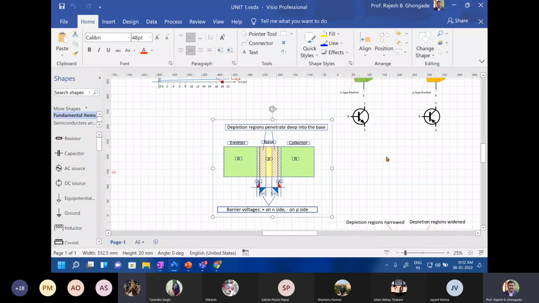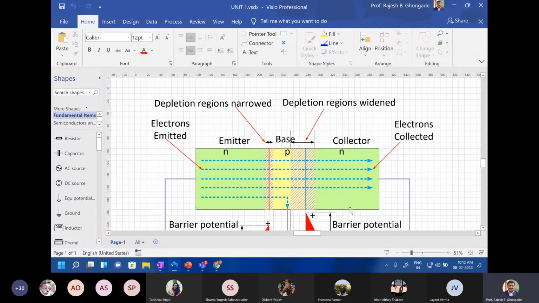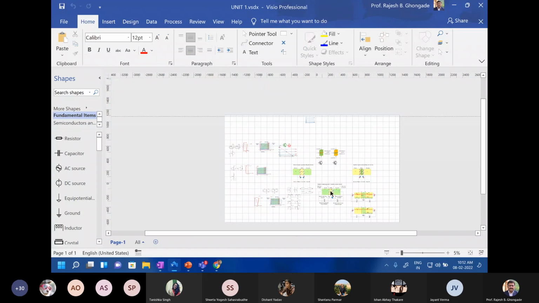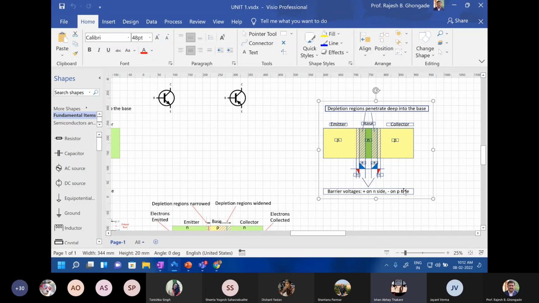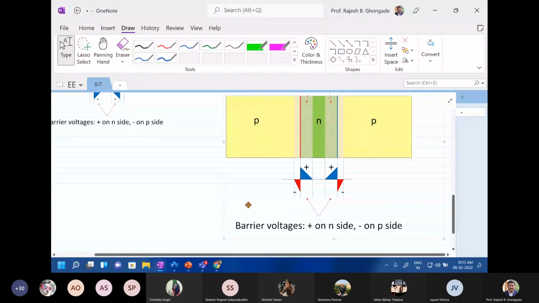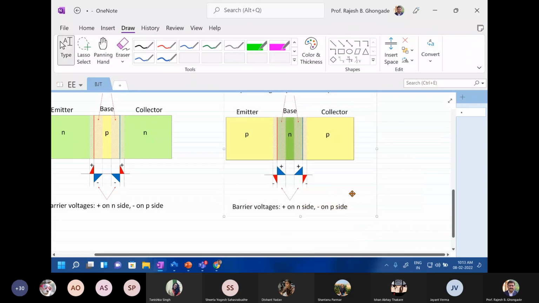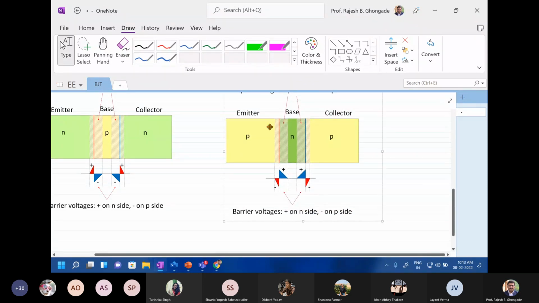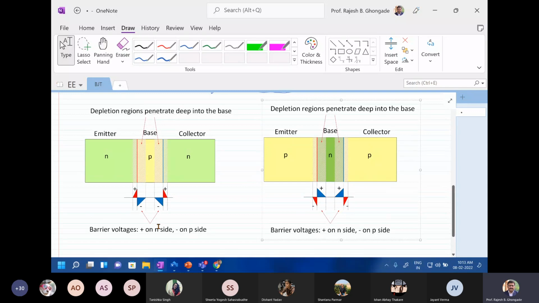Excuse me, sir, the markings of the diagram are being cropped. Let me see what.